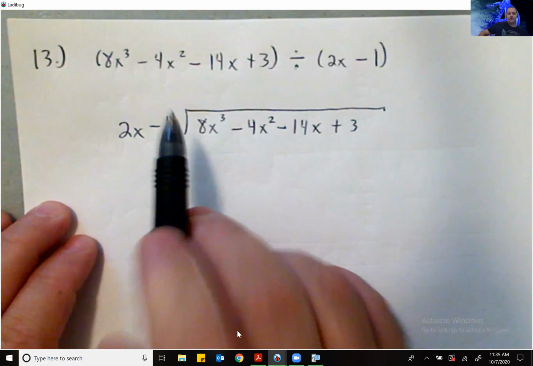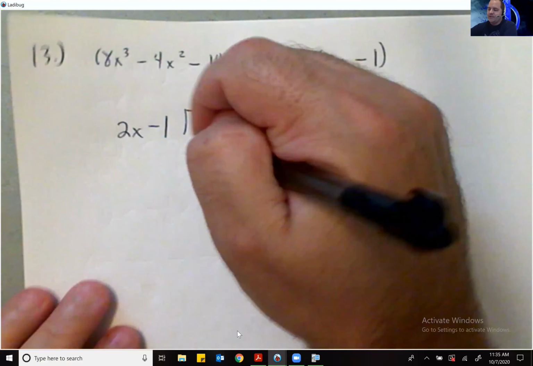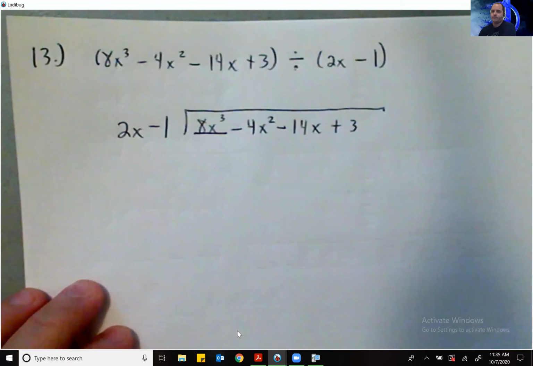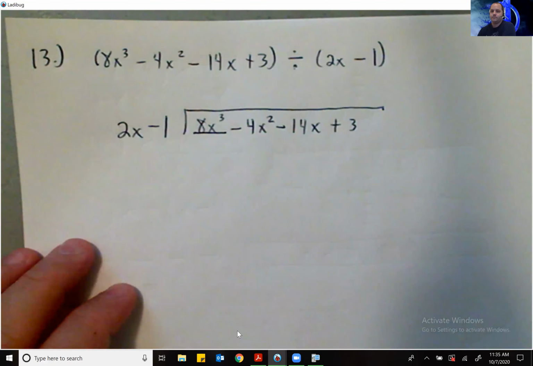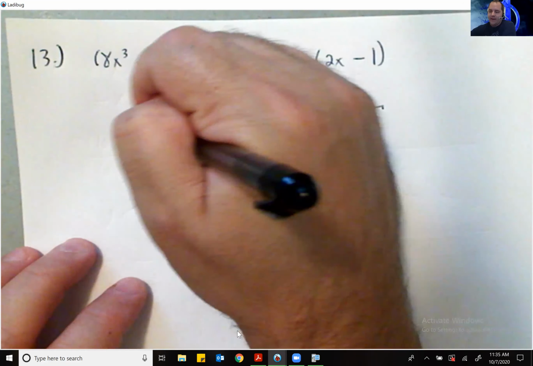Okay. So long division. Who are we trying to get rid of first? What term are we looking to eliminate? The 8x cubed. Who's in charge of all the elimination? 2x minus 1. Not the minus 1 part, but the 2x.